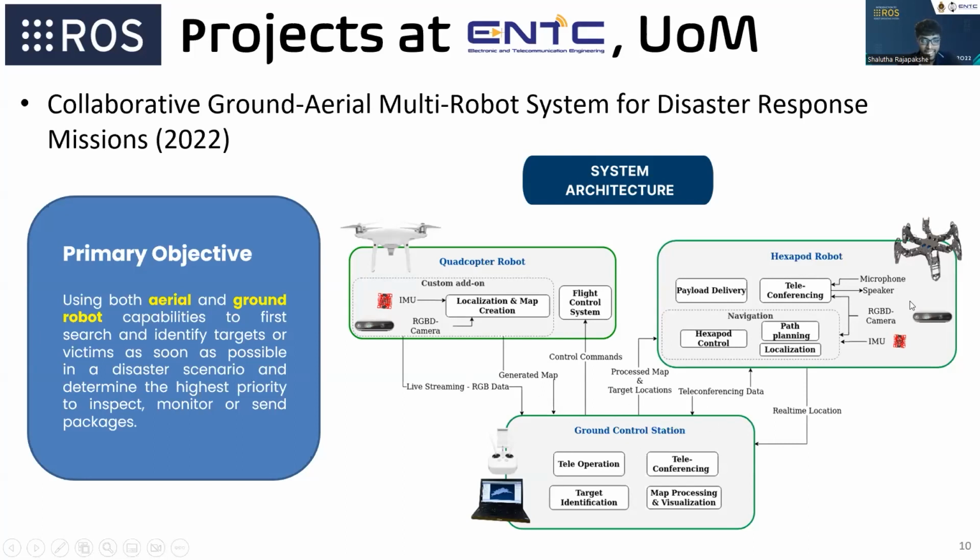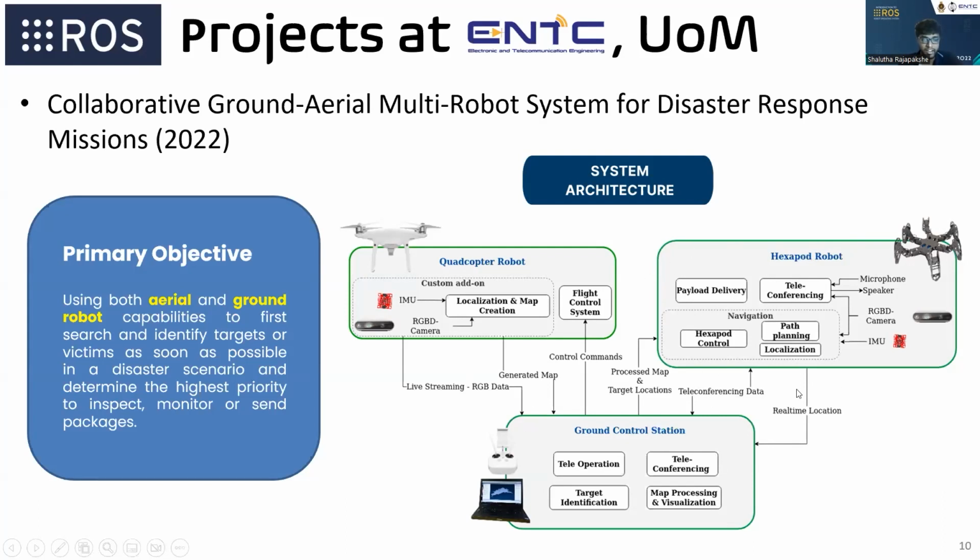On the other hand, the Hexabot robot consists of similar sensors for its localization. It is also equipped with 2 Jetson Nanos, one used for localization and navigation tasks, and the other for locomotion tasks. Additionally, we have attached a microphone and a speaker for teleconferencing with the victim, and it can also carry a payload.